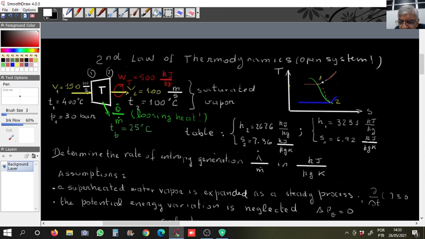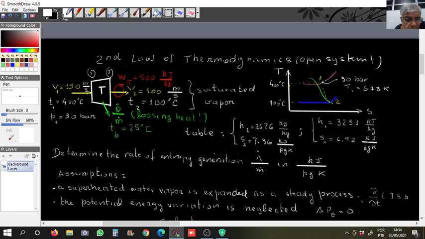The pressure here is 30 bar, and the temperature T1 is 673 Kelvin, high temperature, corresponding to 400 Celsius. The temperature down here will be 100, from the data.